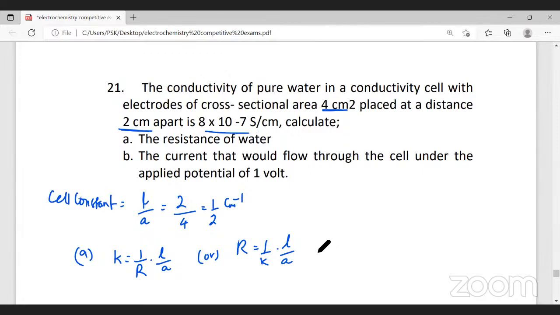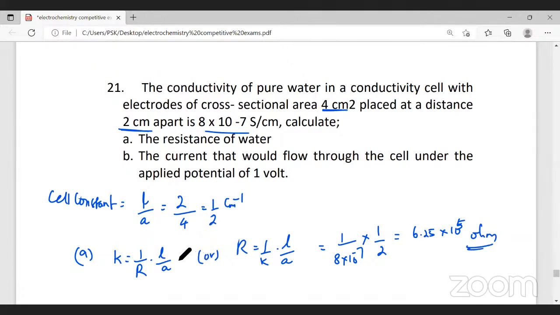So that will be 1 by 8 into 10 to the power minus 7 into L by A, which is half. When you simplify this, you will get 6.25 into 10 to the power 5 ohms.